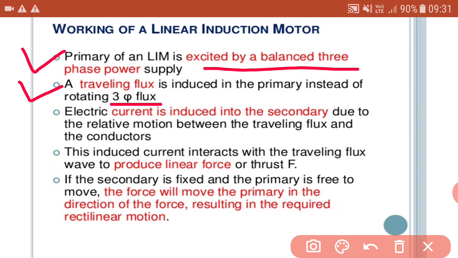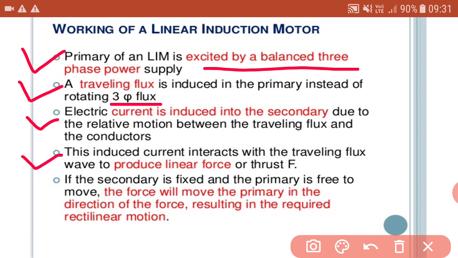Electric current is induced into the secondary. We know the principle of the transformer: whenever we give a supply to the primary, at that time electric current is induced in the secondary. In that case also, due to transformer action, electric current is induced in the secondary due to the relative motion between the traveling flux and the conductors.